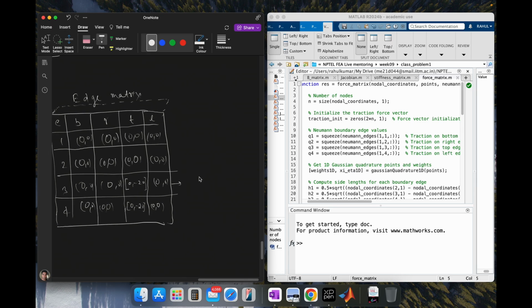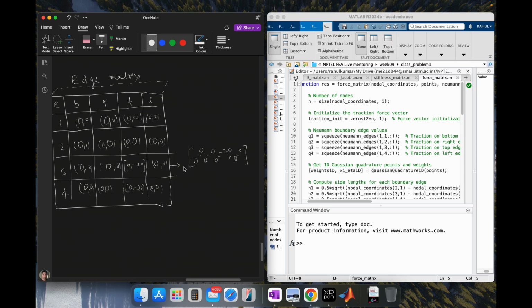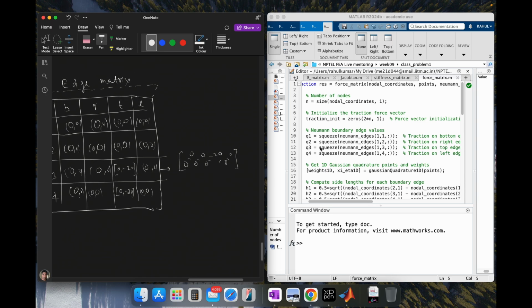For this element, the edge matrix will look something like this. Okay. So you can see that it is actually a 3-dimensional matrix. Okay. So it has the row 1 only, but it has one more depth which is inside the page, okay. So that's why it is a 3-dimensional matrix.